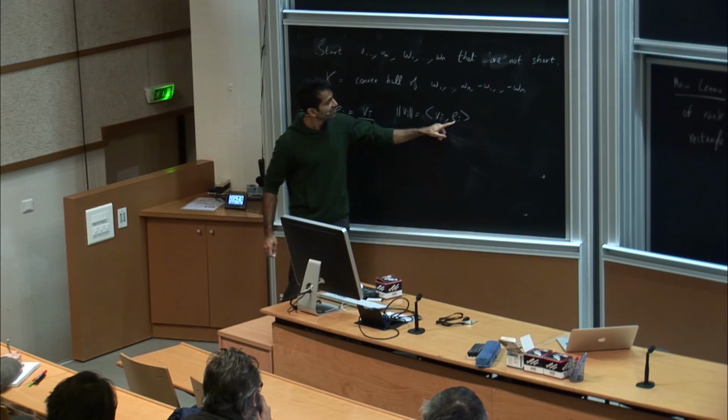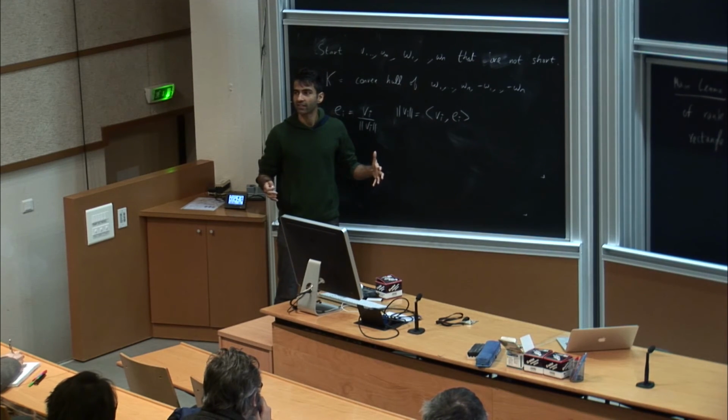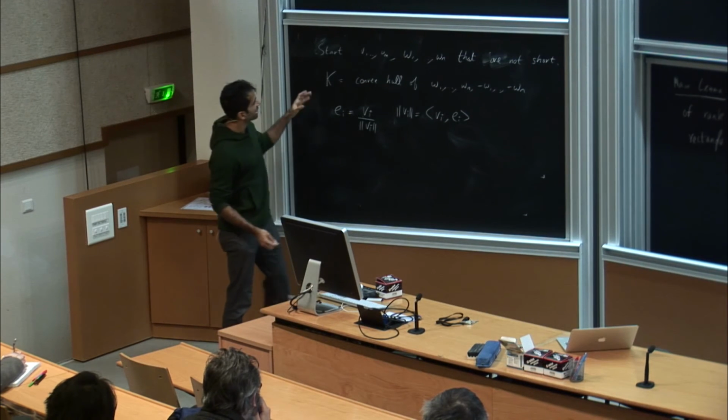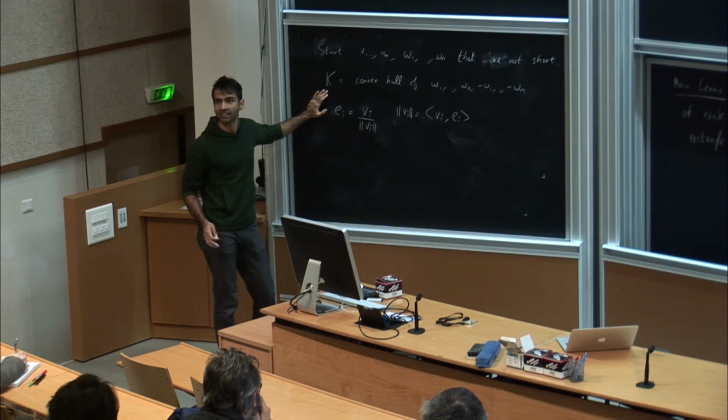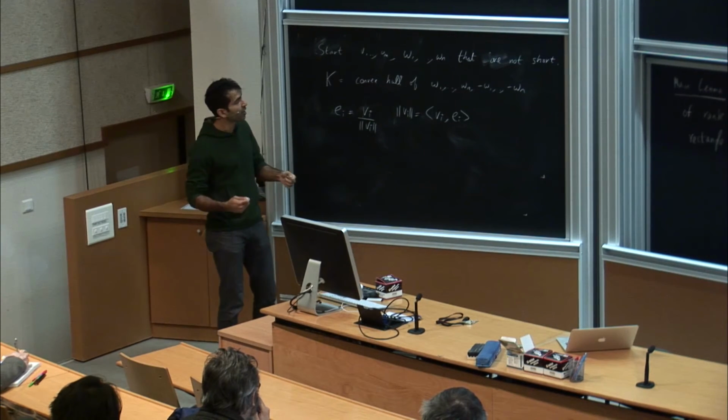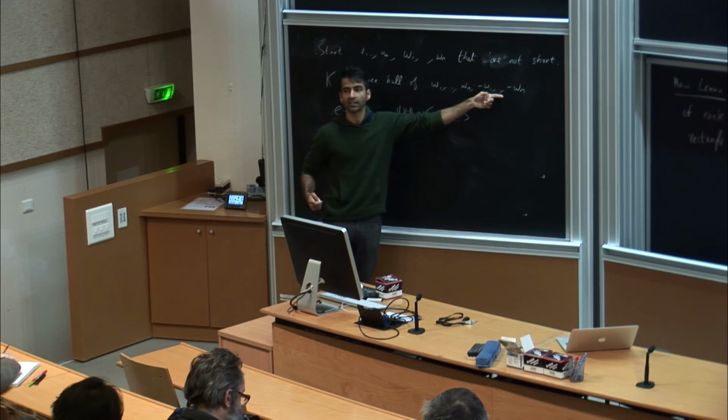Now, EI is in the unit ball, okay? Which, by our construction, is contained in the convex hull K. Which means you can write EI as a linear combination of these guys. As a convex combination of these guys, actually.